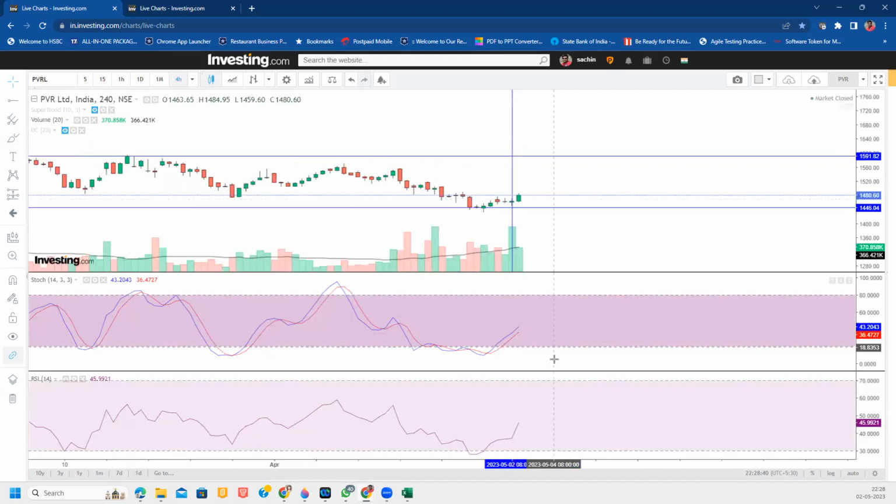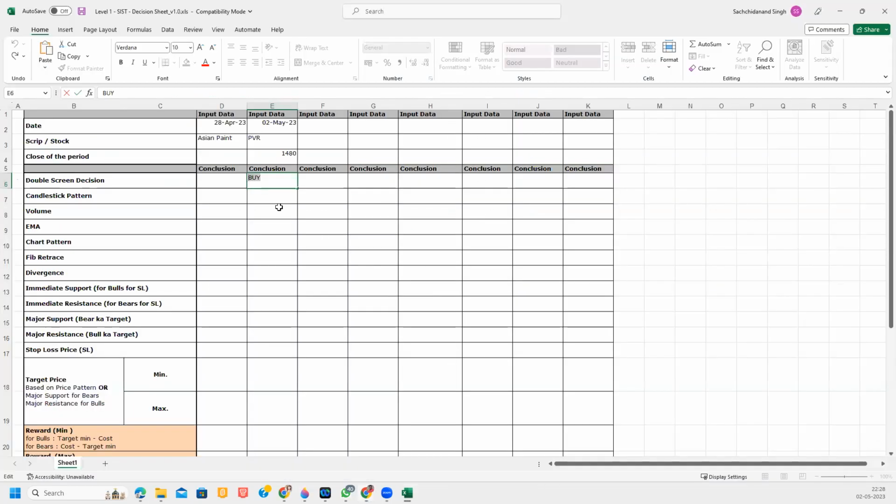I've selected 4 hour here. So the oscillators, that means stochastic and RSI, are also giving a buy signal, because stochastic had done the positive crossover way back, and RSI is also uptick. So now here both the double screen indicators are altogether buy.